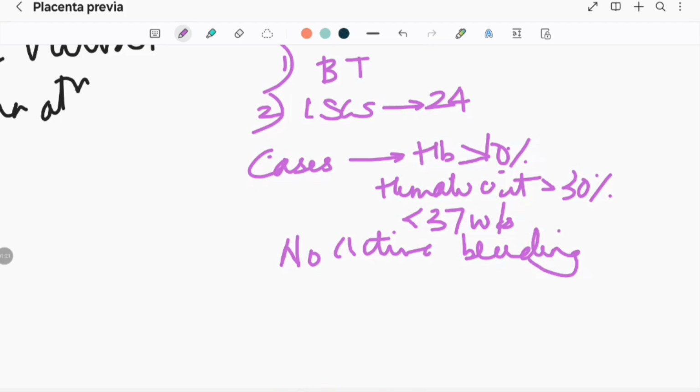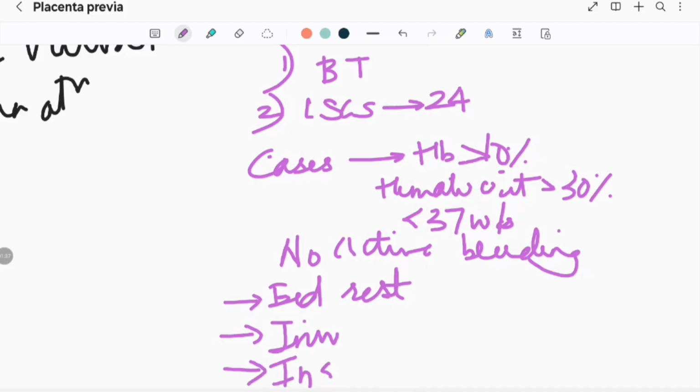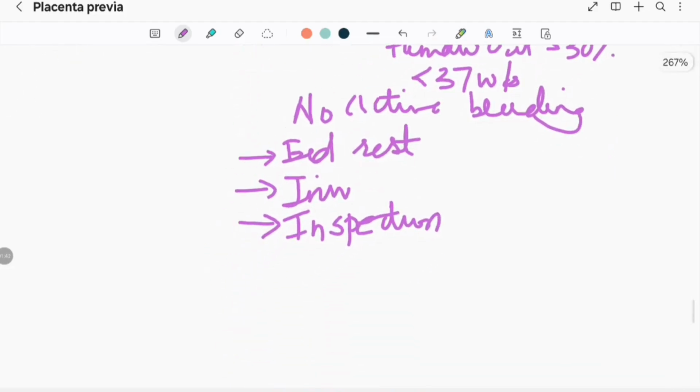Then conduct of the expectant treatment, that is the patient should be given bed rest, investigation should be done, inspection should be done periodically, and a gentle examination with Cusco's speculum should be done to see for any kind of cervical or vaginal lesions.